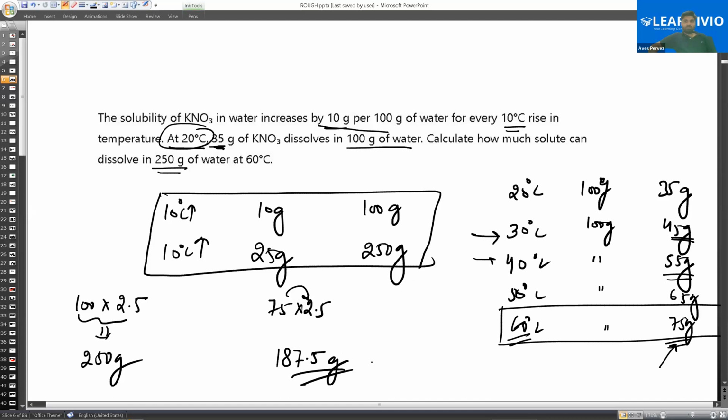Just try to understand this question. I'm going to give you 2 or 3 minutes, then I will ask you again whether you understood this or not.